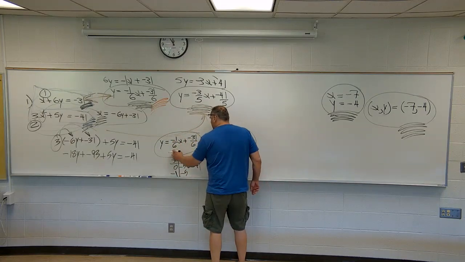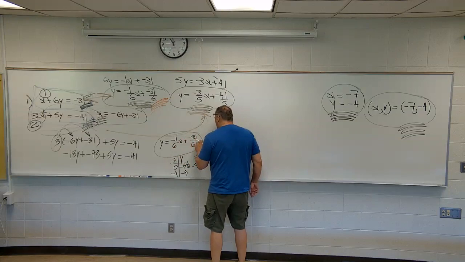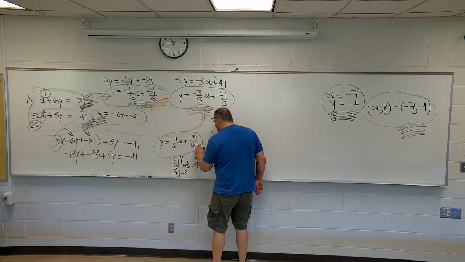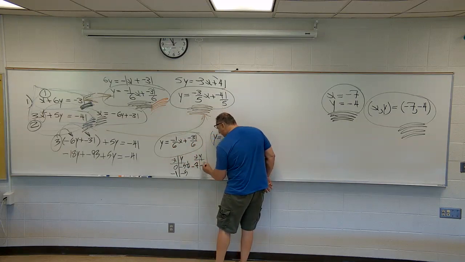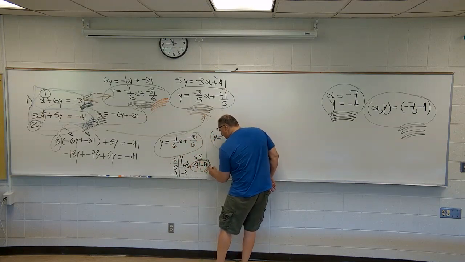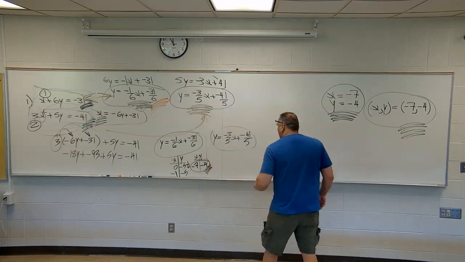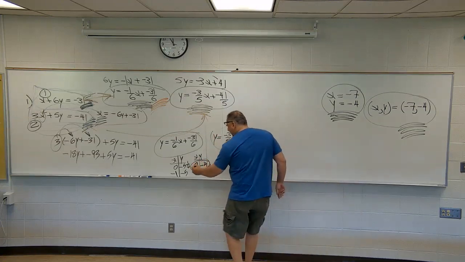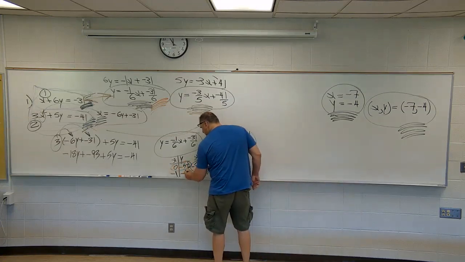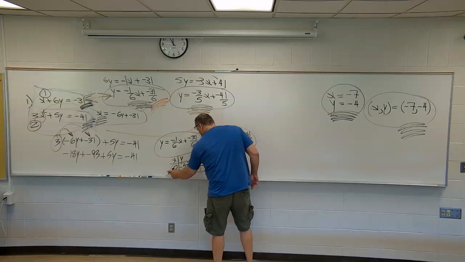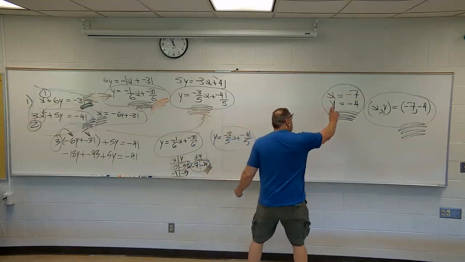Positive 7 over 6 plus negative 21 over 6 is negative 24 over 6. Negative 24 over 6 is negative 4. That's interesting. All right, remember that. I got 3 points here, guys. This guy, for some reason, is of interest to me.